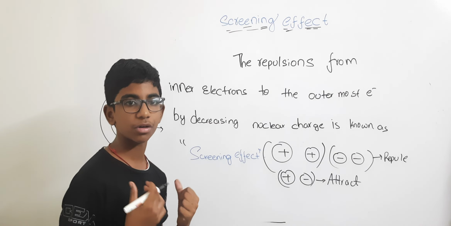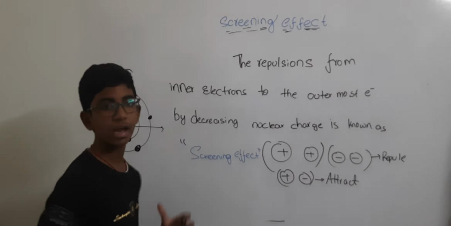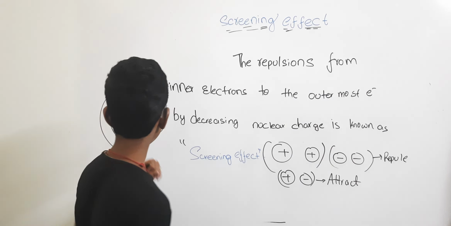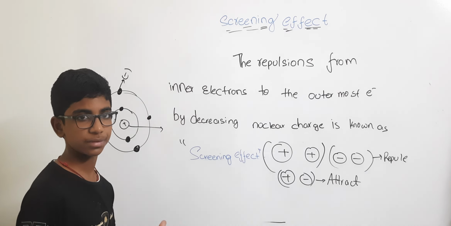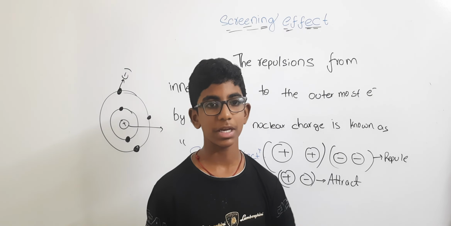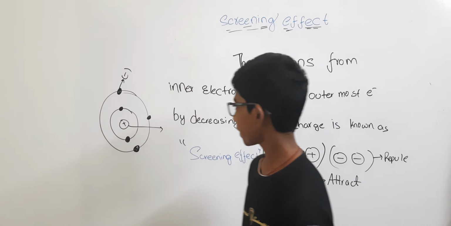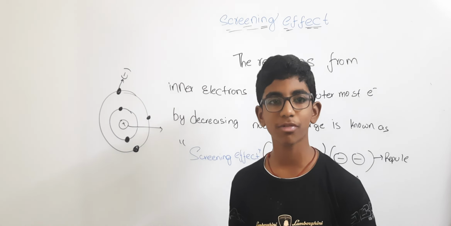What is the charge of an electron? Please comment in the comment section. The charge of an electron is negative. Positive and negative charges attract each other. That is known as the attraction force from the nucleus, and there are many attraction forces between the electrons and the nucleus.